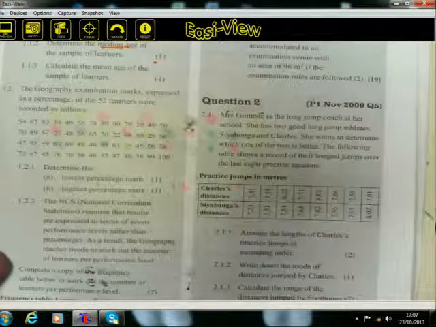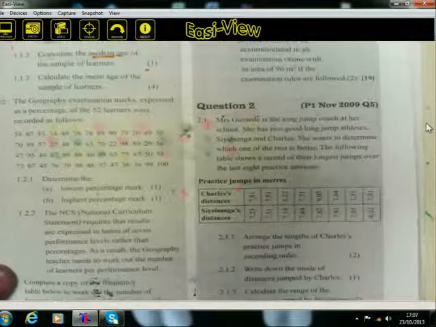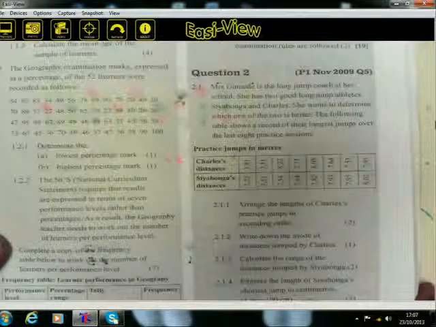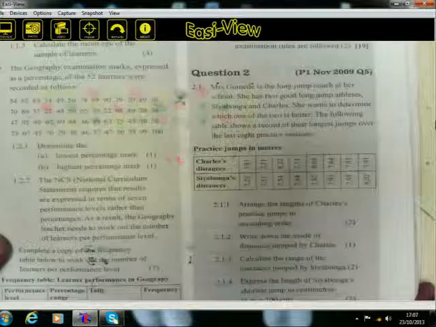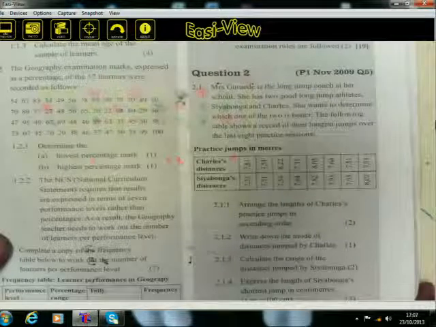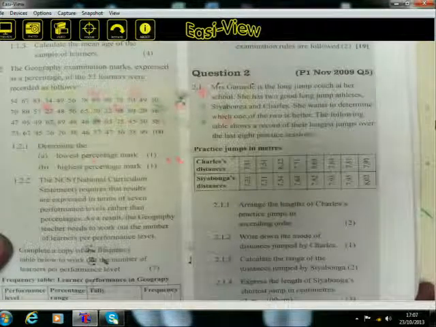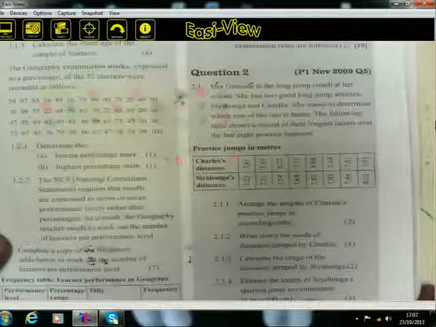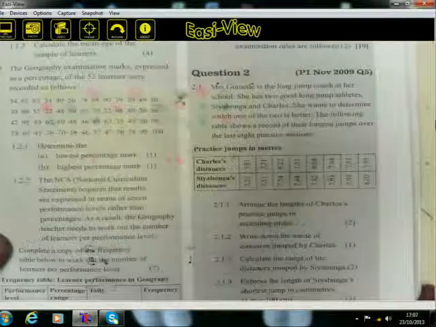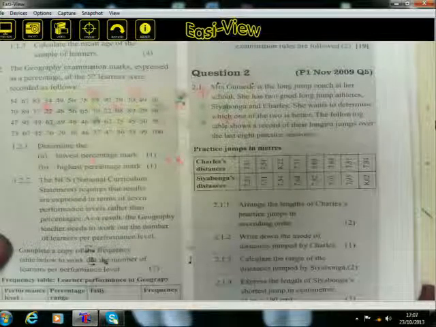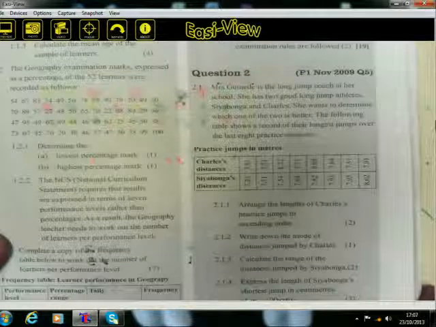It says, the geography examination marks expressed as a percentage of 52 learners were recorded as follows: 54%, 67%, 83%, and so on until 100%. Do you see them? Yes.